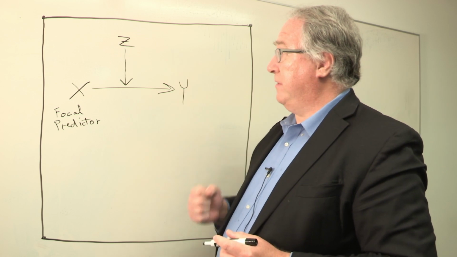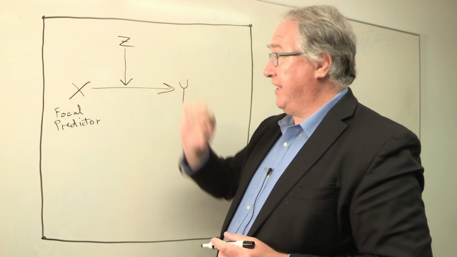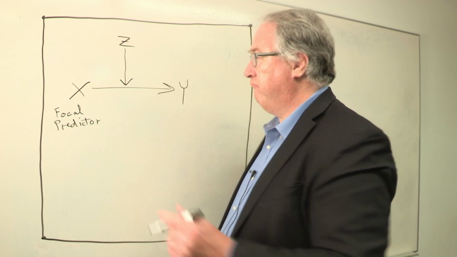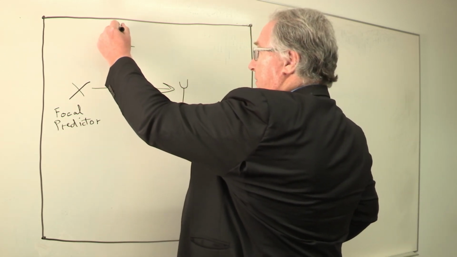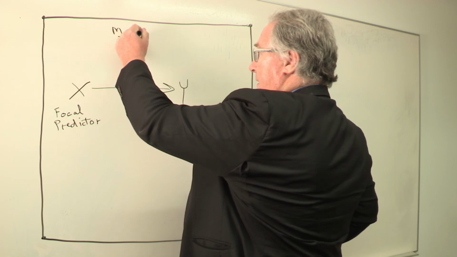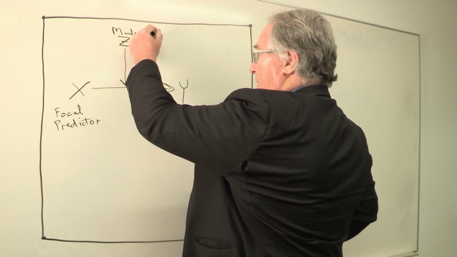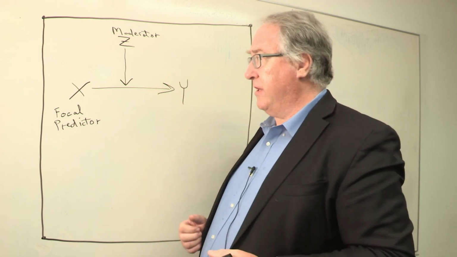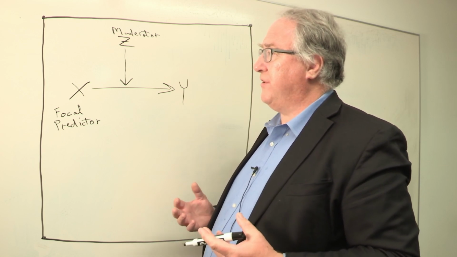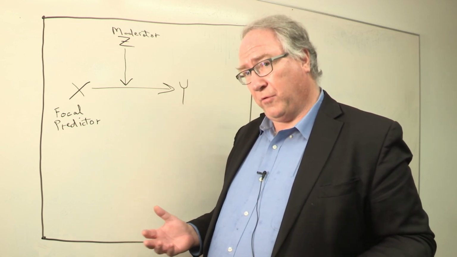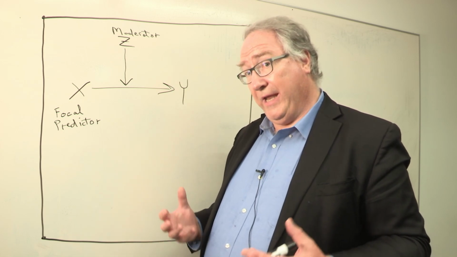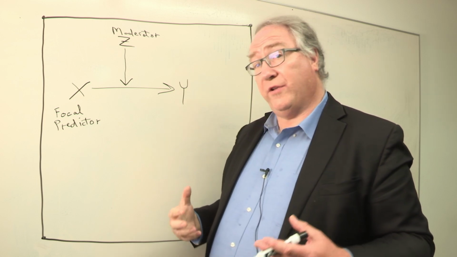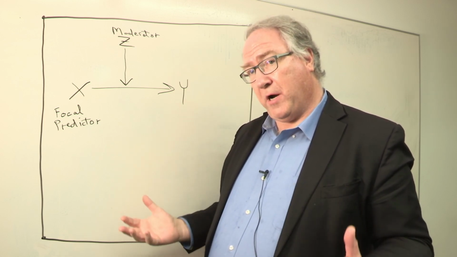And the z variable within this x by z interaction has the role, you guessed it, of the moderator. When you're considering an interaction and its significance, you have to ask yourself, which of the independent variables or predictor variables in the interaction, in this case the x by z interaction, is the focal predictor and which one is the moderator?